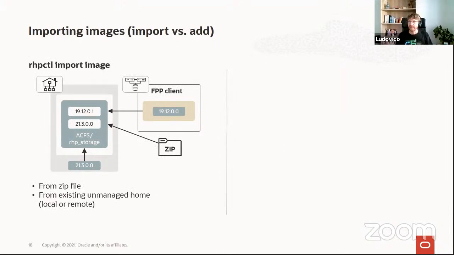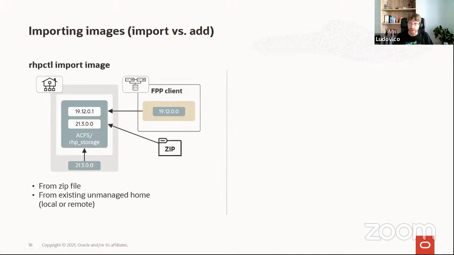Now, when you have the setup of the server and the clients, you want to start using the images and copy those images to the targets. You can copy them using zip files, or you can copy the image from existing Oracle homes, either a local Oracle home or a remote Oracle home.